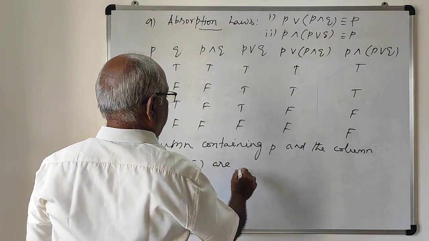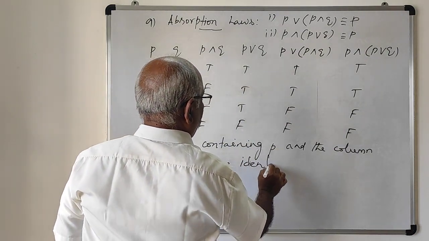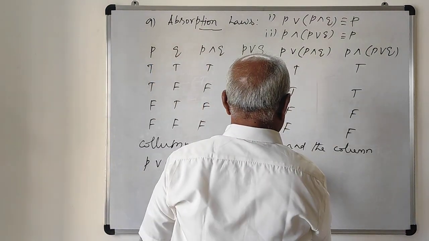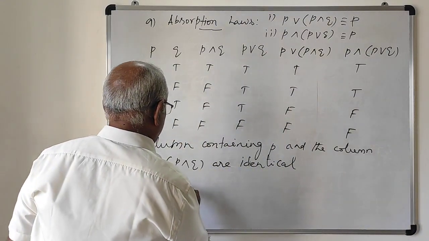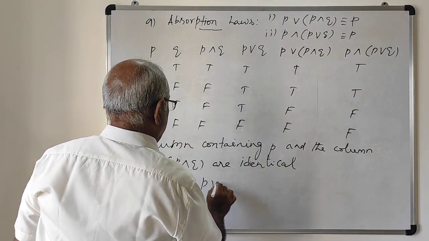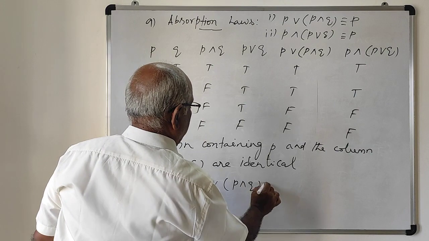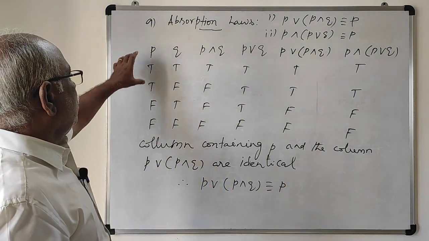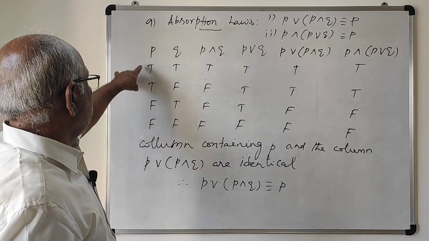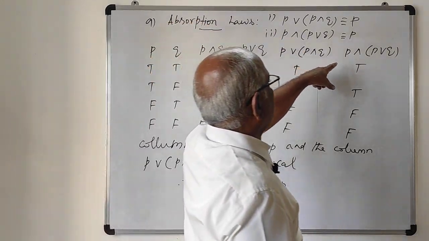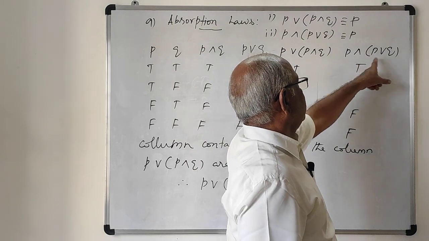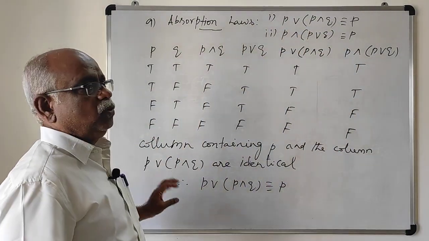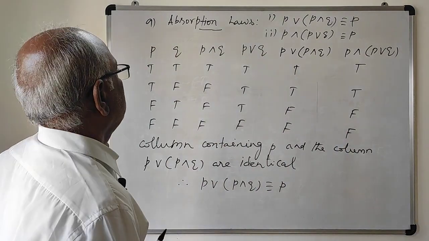The truth values are identical. Therefore, P disjunction P conjunction Q is equivalent to P. Similarly, the column containing the elements of P and the column containing the elements of P conjunction P disjunction Q are identical. Therefore, the second law is also true. Like that, you have to conclude the result. That's all about the absorption laws.